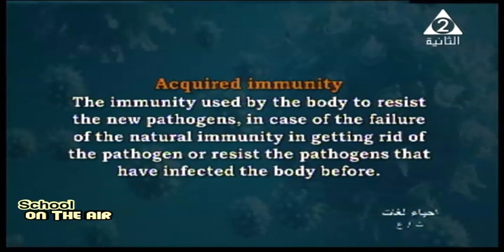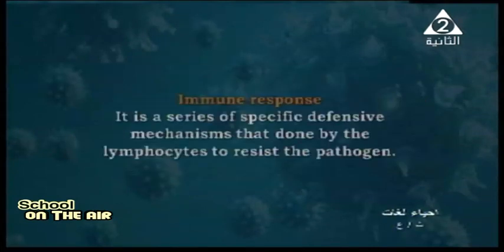This means that if the natural immunity inside our body fails to remove this pathogen, we need another type of immunity known as acquired immunity. This acquired immunity may come from antibiotics, vaccines, or serum.